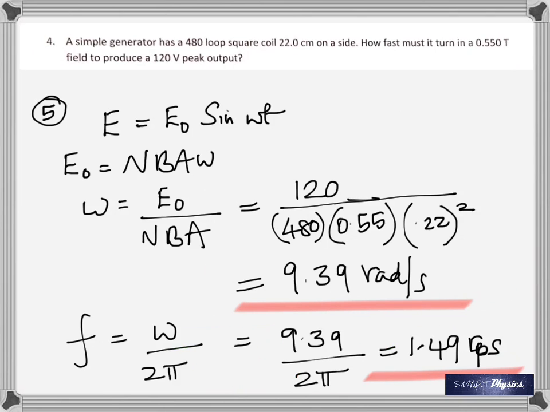In this question, you have a generator that has 480 loops. It is square shaped, and how fast must it turn to produce a 120 volt peak output?